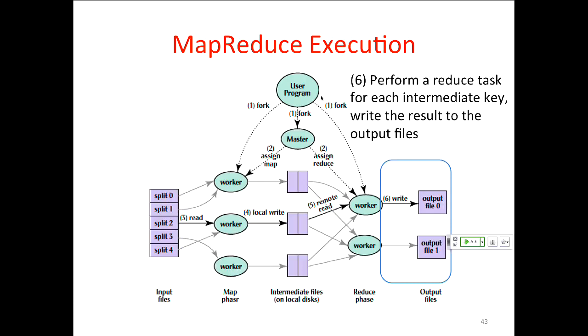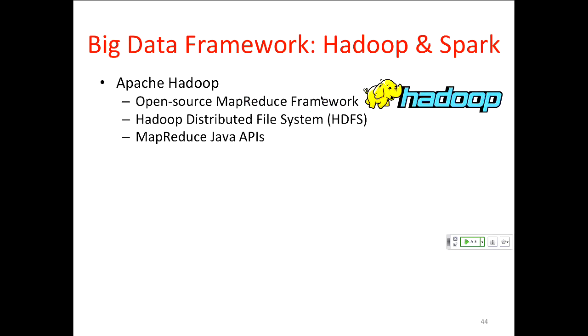Okay, so then we have looked at some general concepts of MapReduce. Now, for MapReduce, there are some example implementations which are available to you. Hadoop is an open source MapReduce framework.